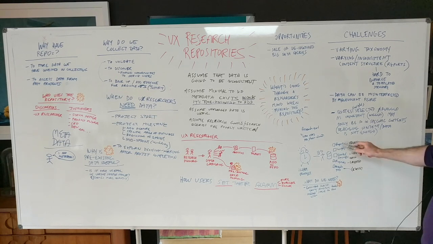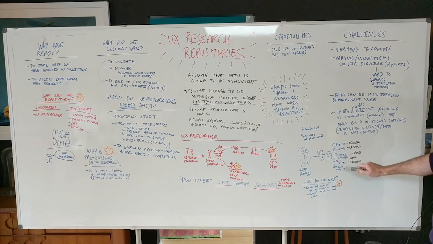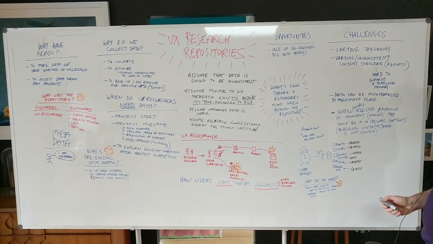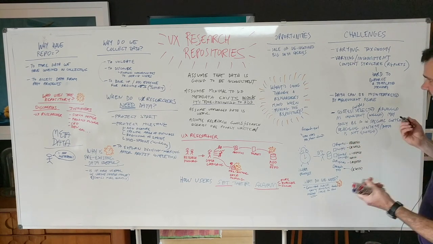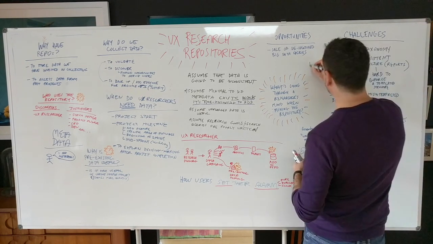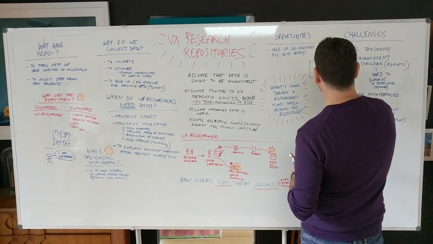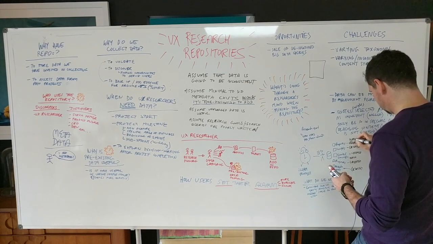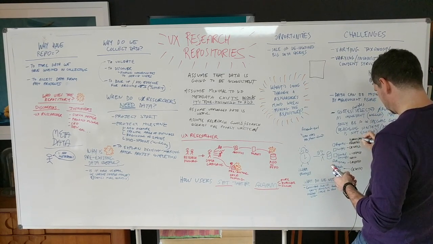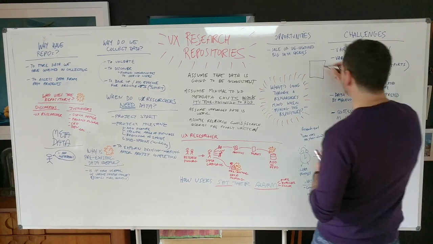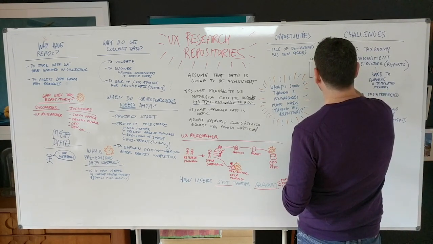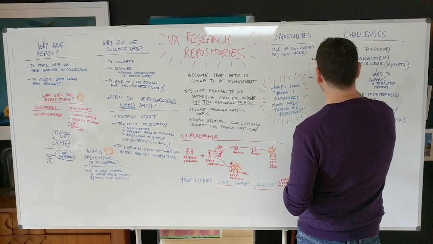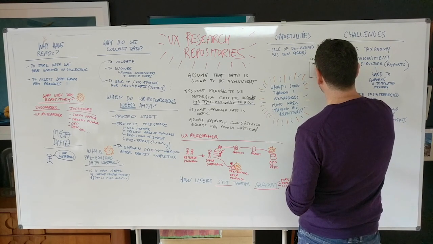So a report, an insight, a quote, a project, and a research goal could potentially have metadata. So we'll call that a, I want to call it curated. Created, all right. Created. This is going to have metadata.